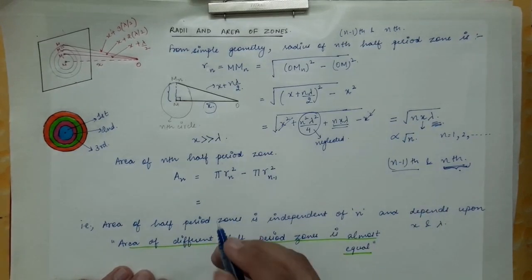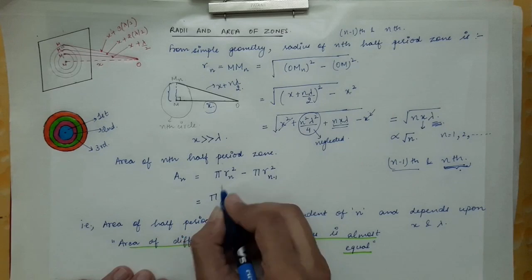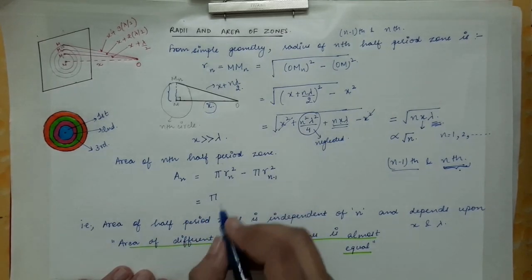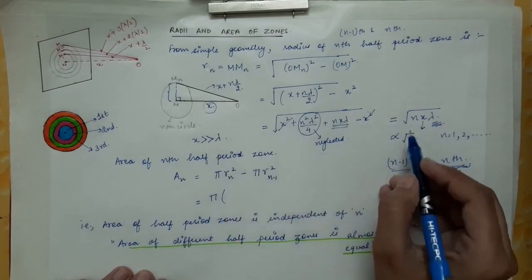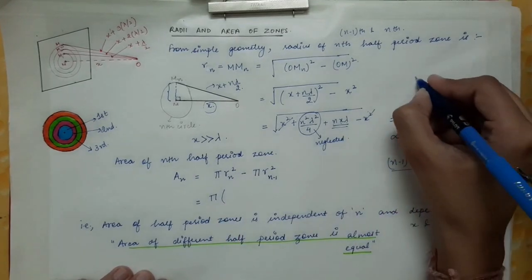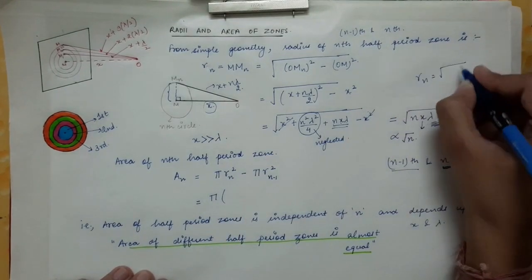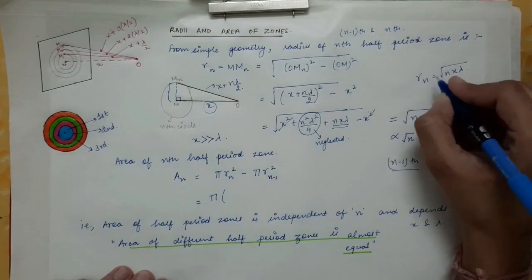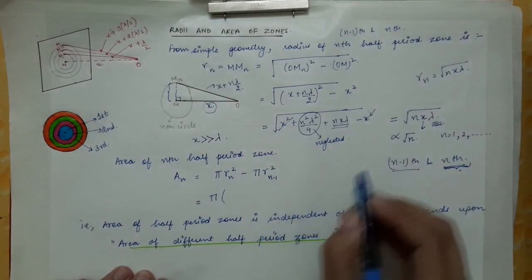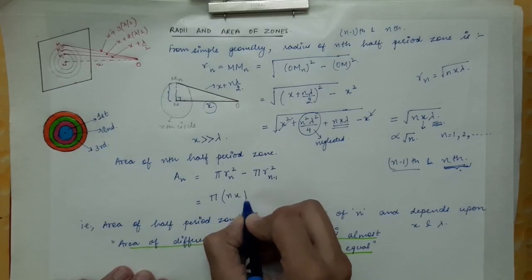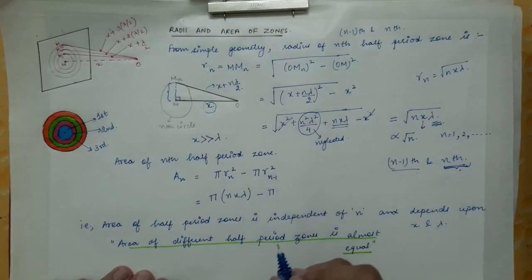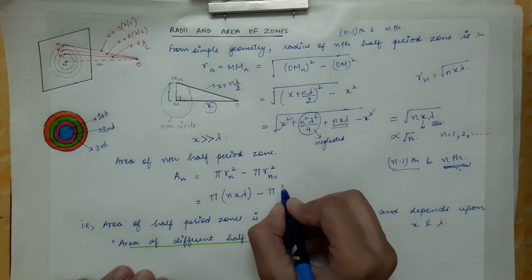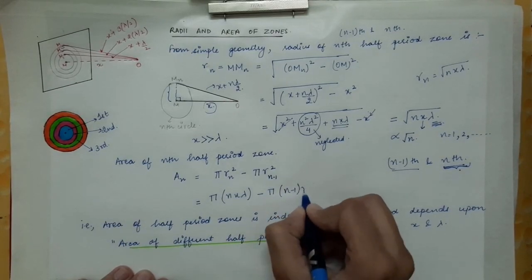So we will put the same result over here. The area of the nth circle will be equal to pi into Rn square. So what is Rn square? Now Rn is equal to under root of nx lambda, so Rn square will be equal to nx lambda. Minus pi times Rn minus 1 whole square, so that will be equal to n minus 1 into x lambda.